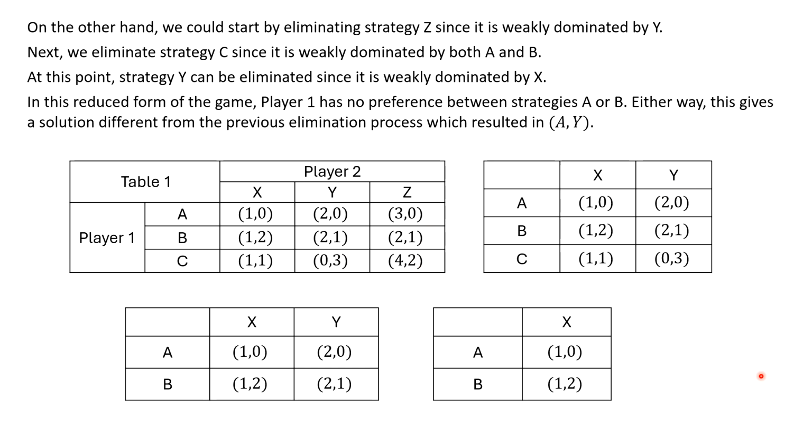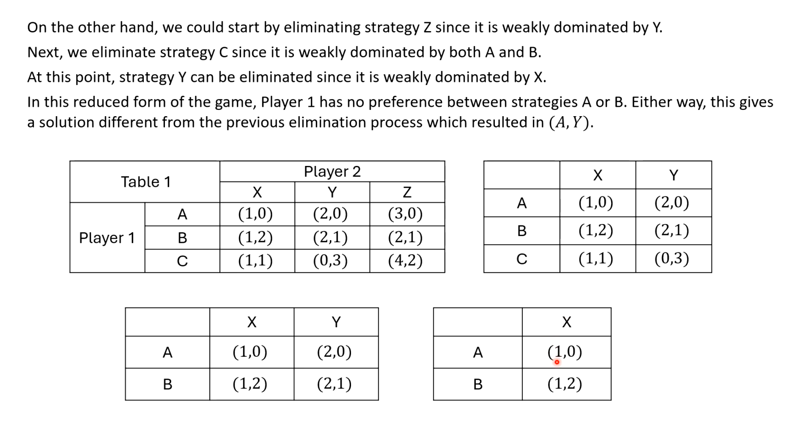So we eliminate Z. And then we can eliminate C either by A or B. You notice 1 equals 1, but 2 is greater than 0. So C is gone. And then finally, we can eliminate Y, since 0 equals 0 and 2 is greater than 1. So Y is gone. And then we end up here.